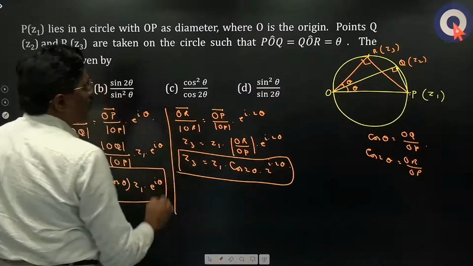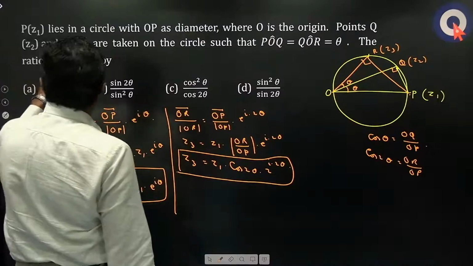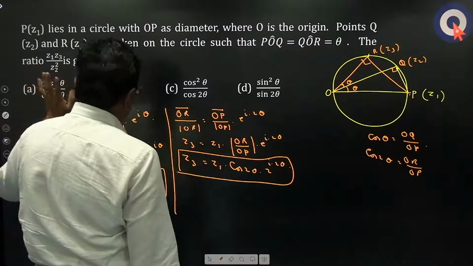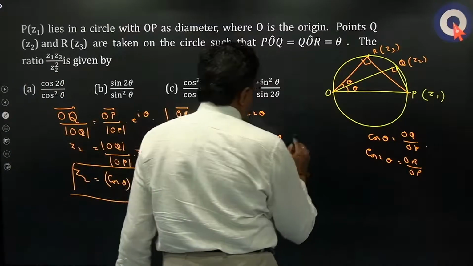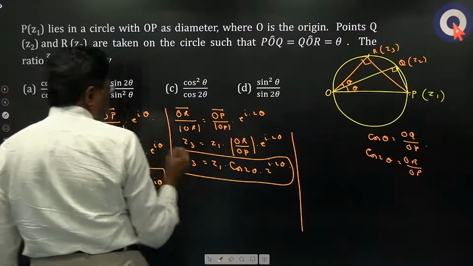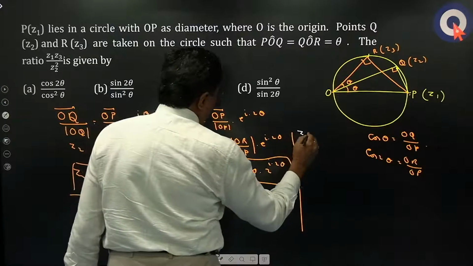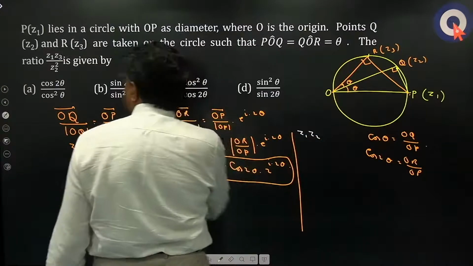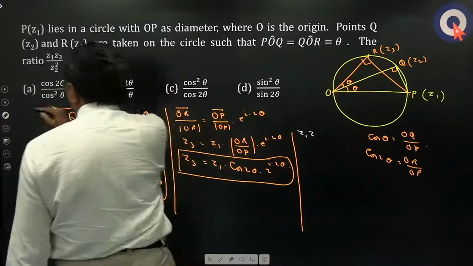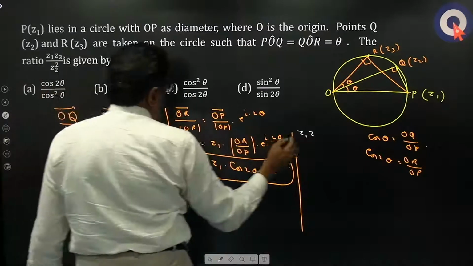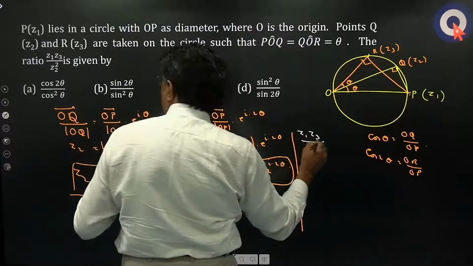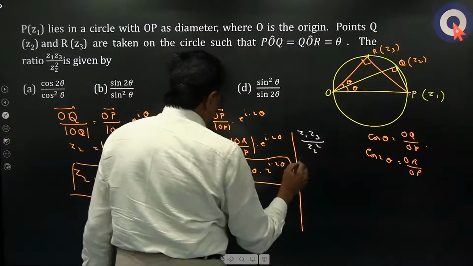Now the ratio Z1 Z3 by Z2 square, we will consider that. So that is Z1 Z3 by Z2 square, right?